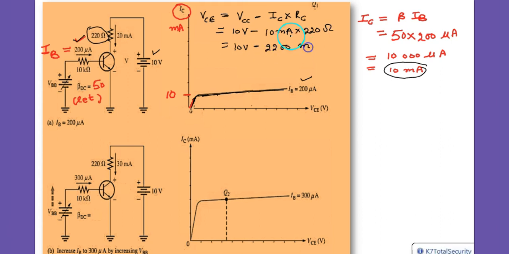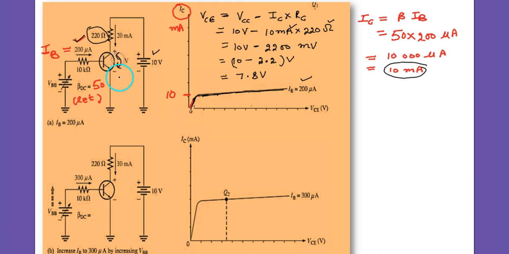So it is 2200 millivolt, which means 2.2 volt. So it becomes 7.8 volt. This is VCE.